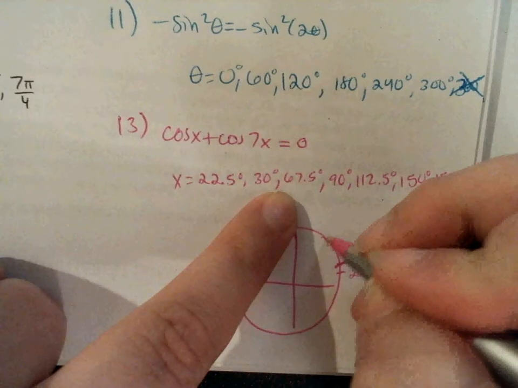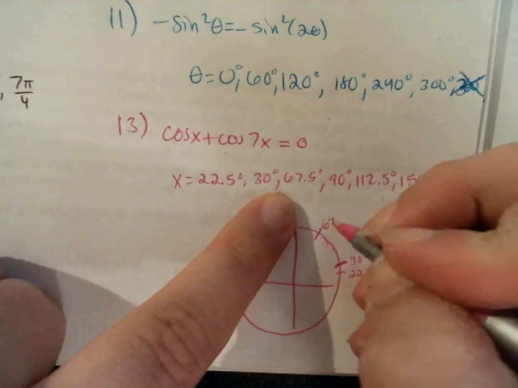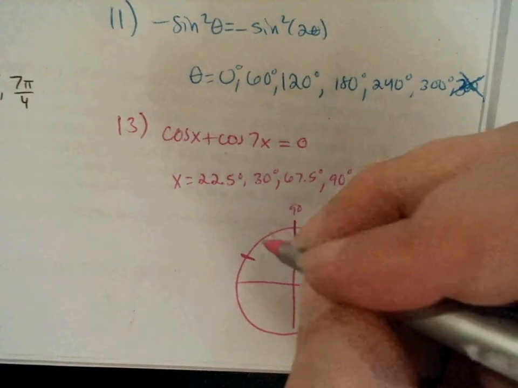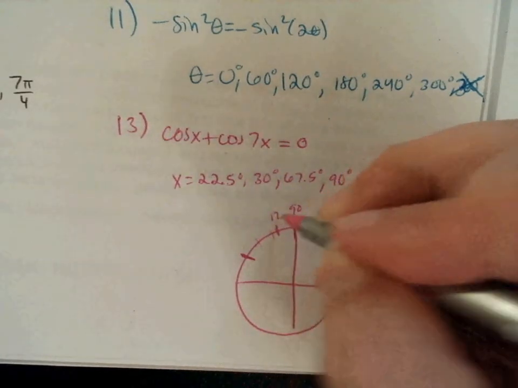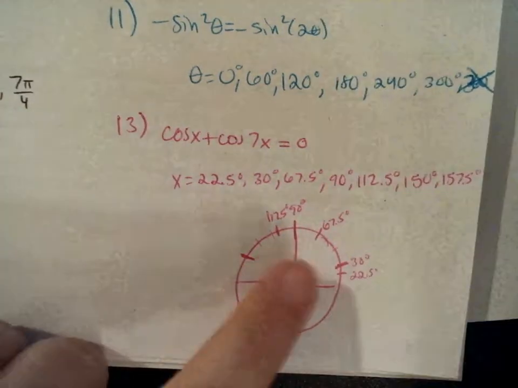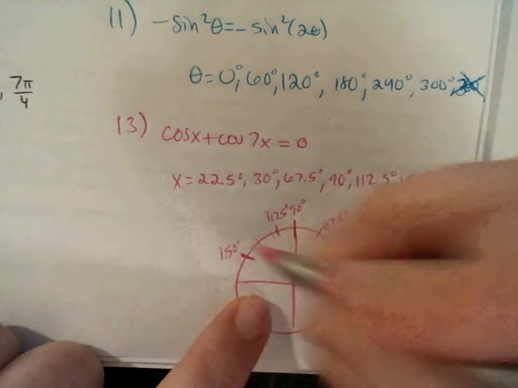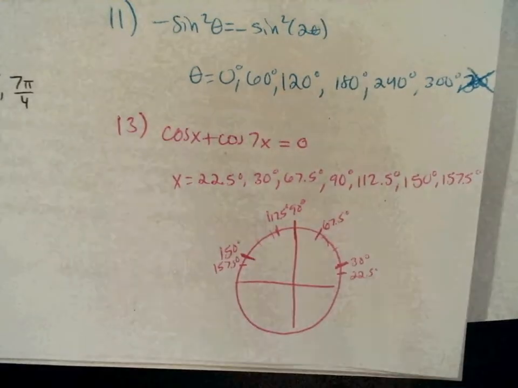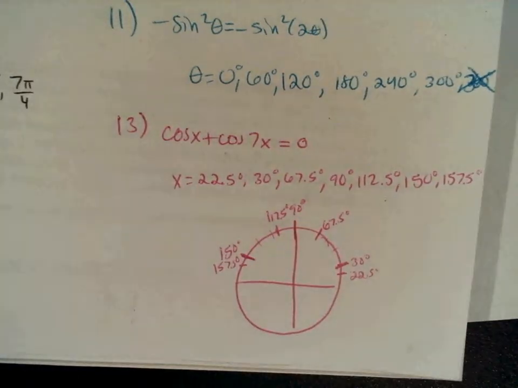So if this is 30, this is 22.5. I've had 67.5, so here's 45 and here's 60. I've had 67.5, I've had 90. I had 112.5, so this is 120. Then I had 150, then I had 157.5.